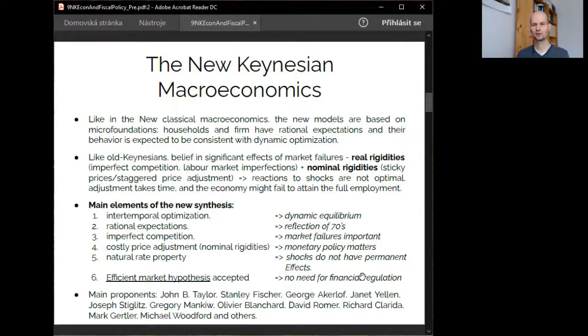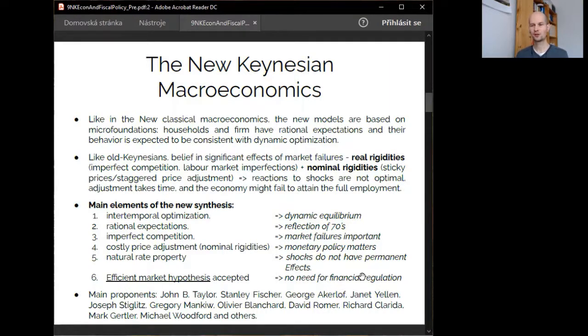These were first the real rigidities, like imperfect competition and labor market imperfections, and then the nominal rigidities, like sticky prices and staggered price adjustment, which means that there is no fast adjustment to shocks and other changes in the economic environment.